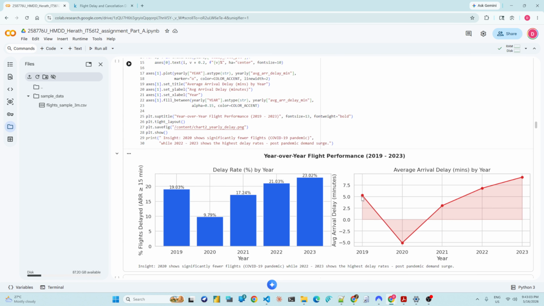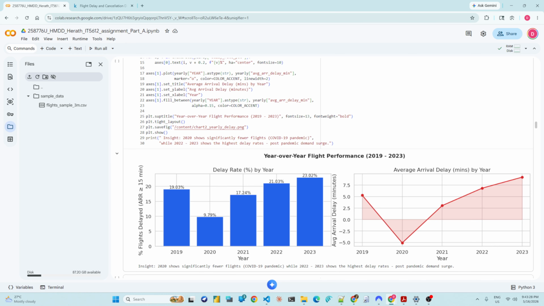The next plot is about year-over-year flight performance. These two bar and line charts show year-over-year flight performance from 2019 to 2023. The left chart shows the percentage of delayed flights per year, and the right one shows the average arrival delay in minutes.